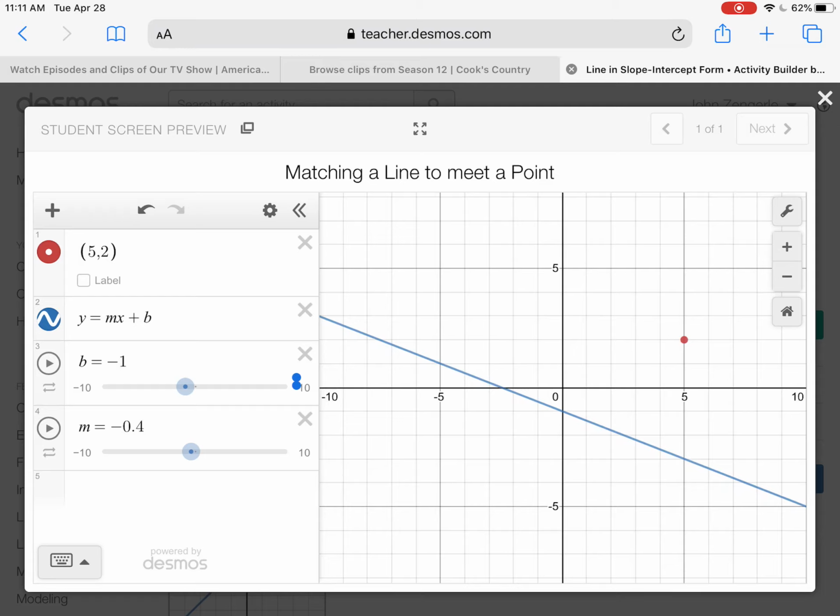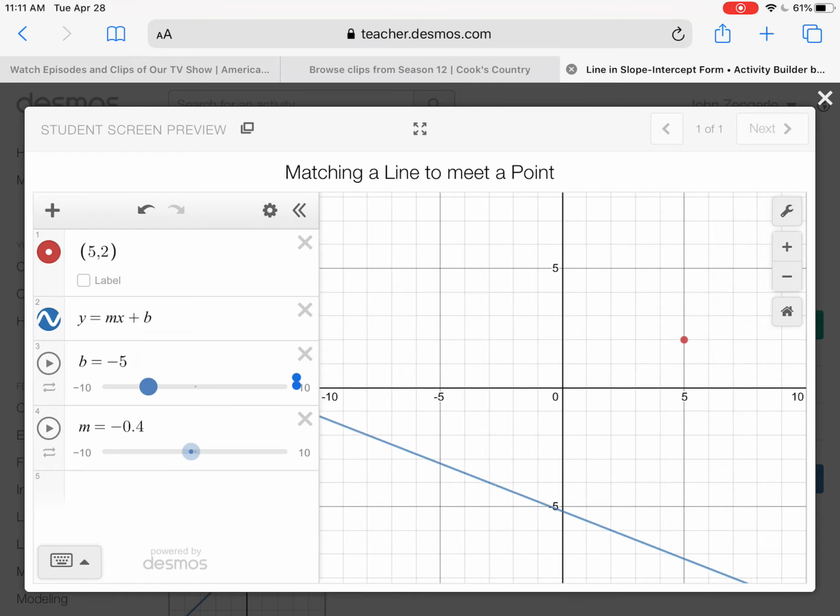Okay, you'll notice the point is (5, 2), and there's the point at (5, 2). There's the equation, y equals mx plus b. b is equal to negative 1, and m is negative 0.4. So the m is correct, but notice the b is wrong because it's not going through that point. I'm going to move that slider around and watch what happens as I move it. As I go up, the line goes higher.